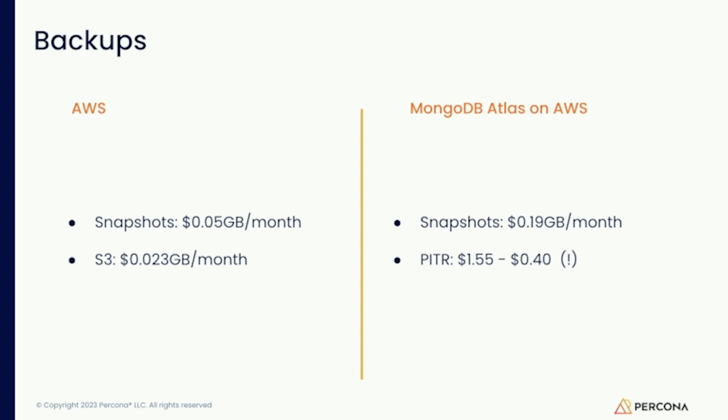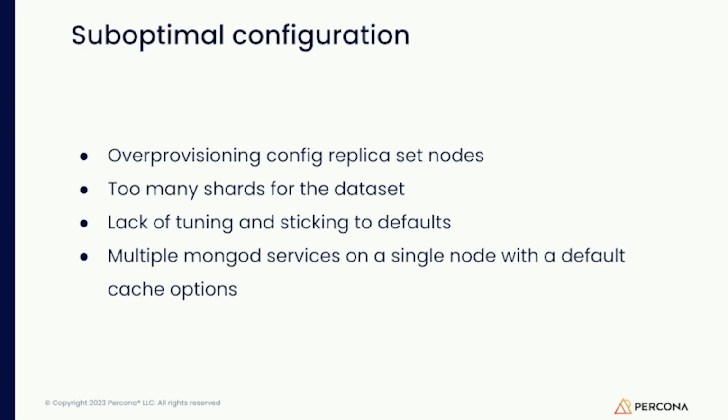And it's so easy to turn on point-in-time recovery, and many people really need that. But the cost can get really, really high, especially at scale, right? These things really matter. And then also how you configure your MongoDB cluster: a common problem that I see in the field is that for some reason people tend to configure a config replica set on pretty big machines, but in fact you don't really need that.